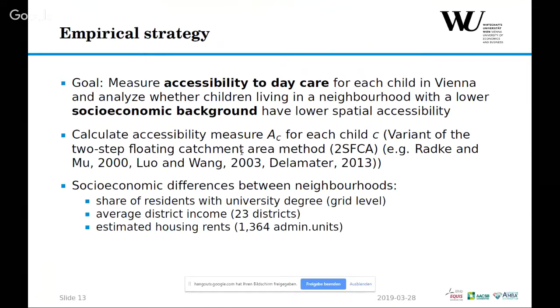As a third alternative, we can use estimated housing rents, and spatially this is in between the grid cell level and the district level. What we then do method-wise is rather simple. We look at the relation of the 2 variables descriptively and also estimate some OLS regressions.